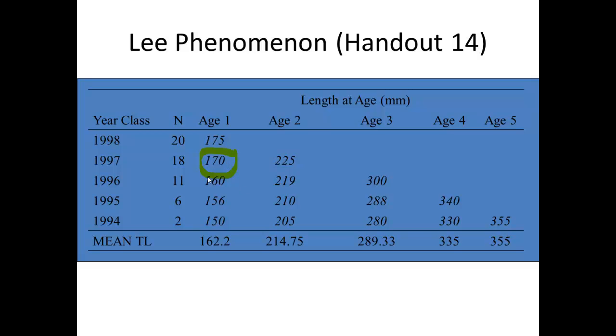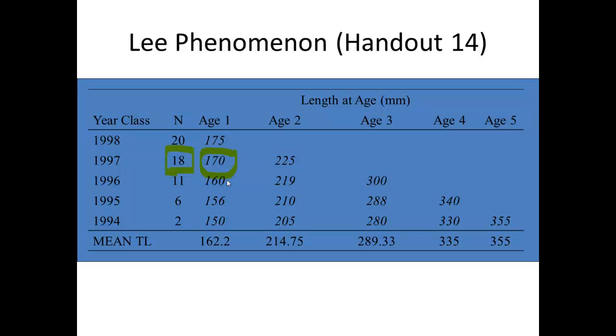Well, remember that we had 18 fish from that age class in this sample. What I showed you previously was just a single fish. We have to repeat those measurements for the other 17 fish from this age class. And then we take the average age 1 length across all 18 fish, and that's how we get the number that we have here in this table.